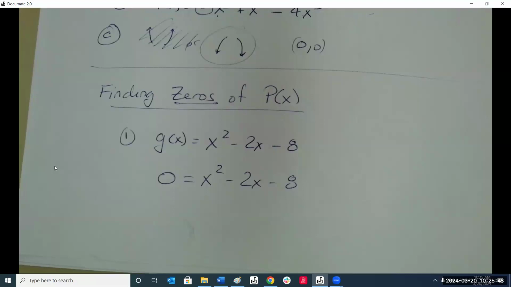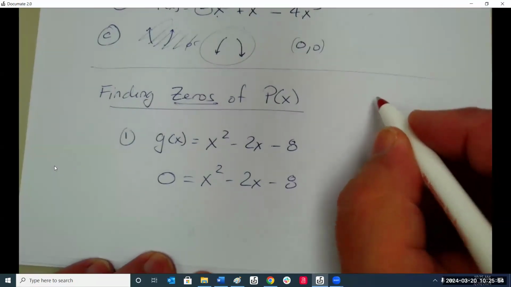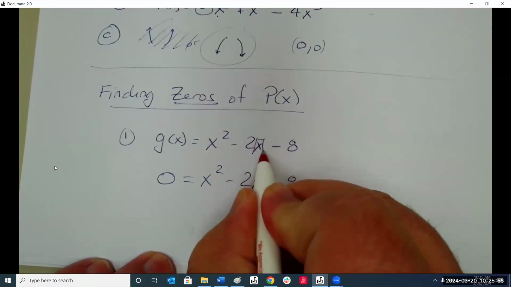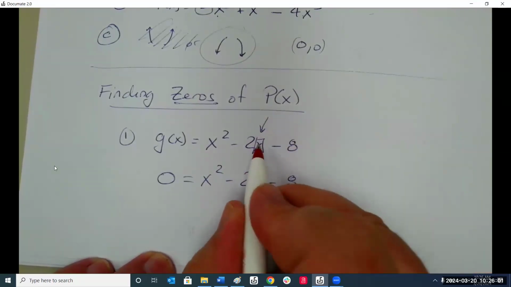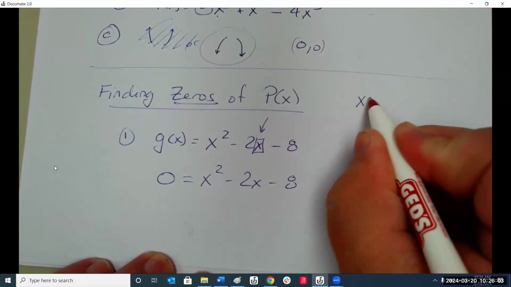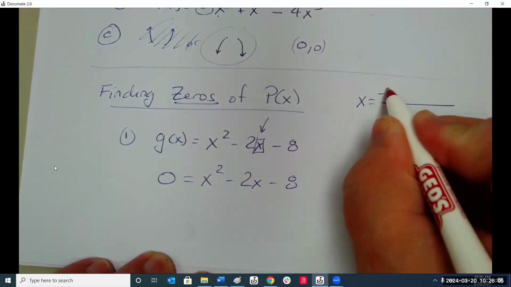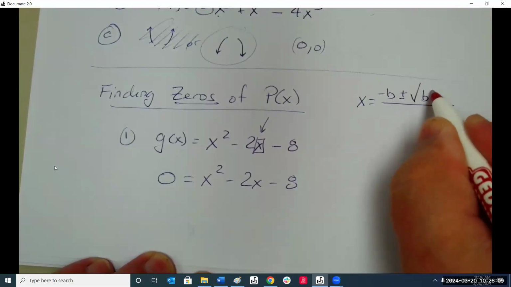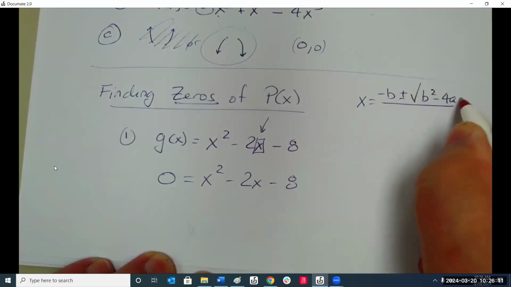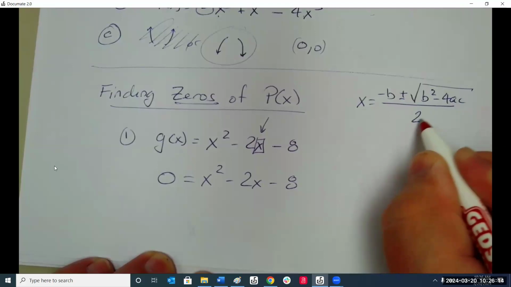Everybody remember what that one is? For the quadratic formula, you always solve for the middle term. So it's x equals negative b plus or minus the square root of b squared minus 4ac, over 2a.